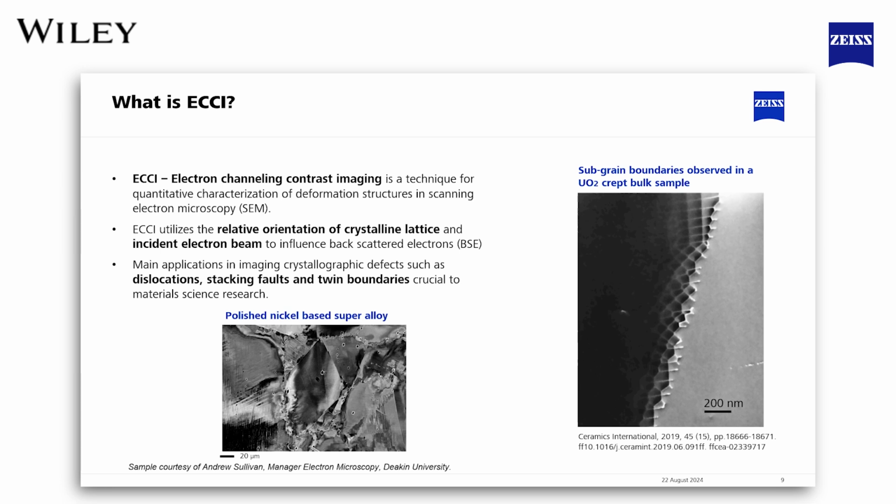With this technique, you can image dislocations, stacking faults, and other crystallographic defects at a very fine scale in bulk samples on the SEM without the need for complex TEM sample prep. We have two nice examples shown here. One is a subgrain boundary in a creep sample of uranium dioxide, and the other is a nickel superalloy imaged using ECCI.